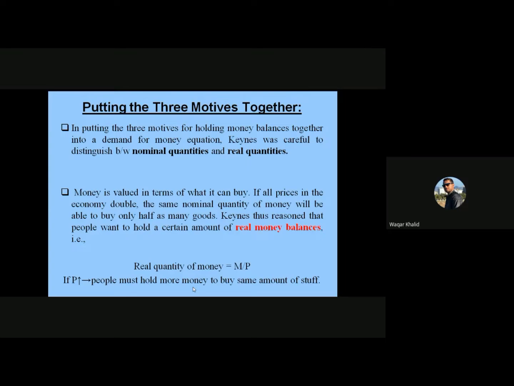So what do we mean by real quantity of money or real money balance? When you divide the money supply by the price level, M divided by P, this is known as real money balance. If P increases, people must hold more money to buy the same amount of stuff.